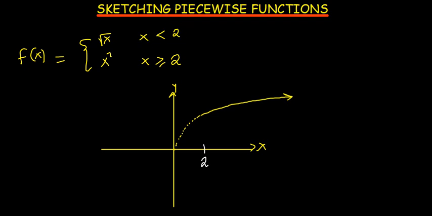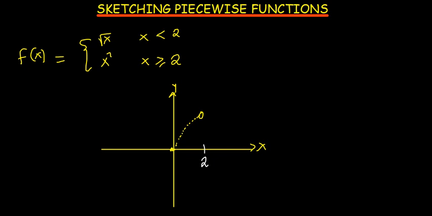What does that mean? We are only talking about from 2 going in this direction. So for this function, we will not include that part, we are going to remove it. So it will just be from here going in this direction up to 0 here.